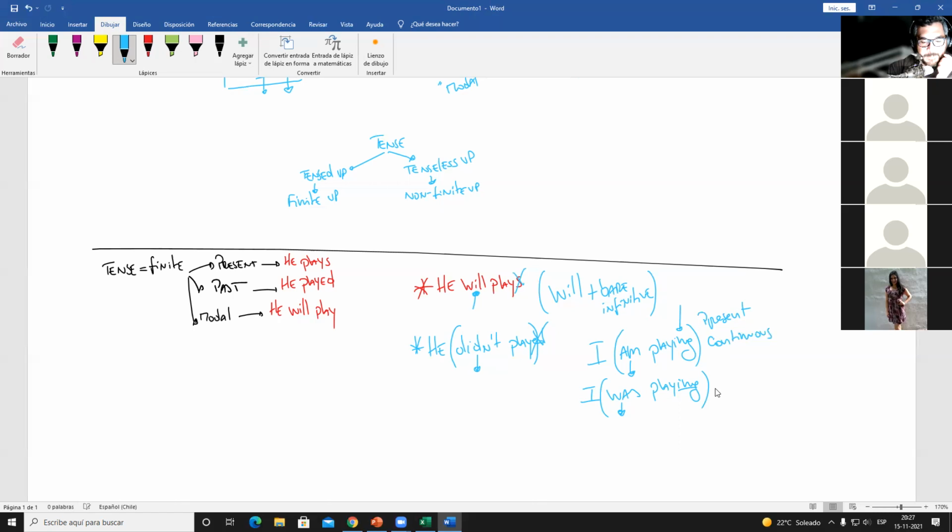¿Y el de abajo cómo se llama? Was playing. Ese es un past continuous, ¿cierto? Pero en verdad no se llaman así.